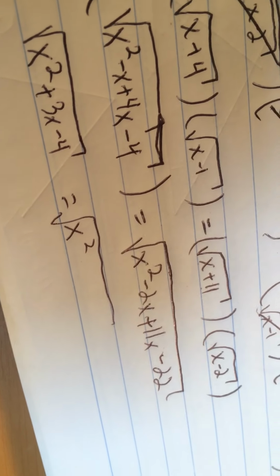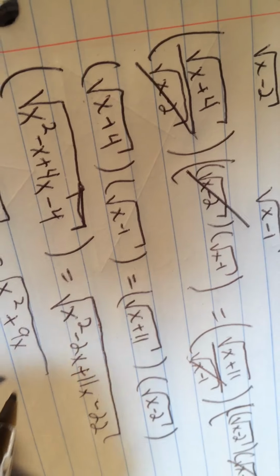So we have square root of x squared minus x plus 4x, plus 3x minus 4. And on this side, we have x squared minus 2x plus 11x, 9x, right? So plus 9x minus 22.